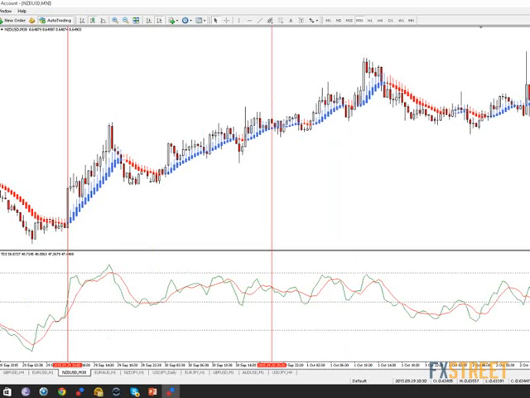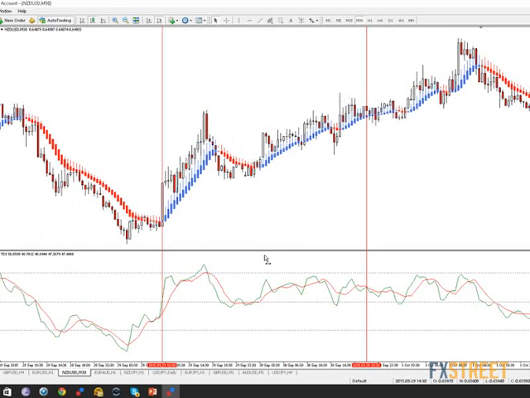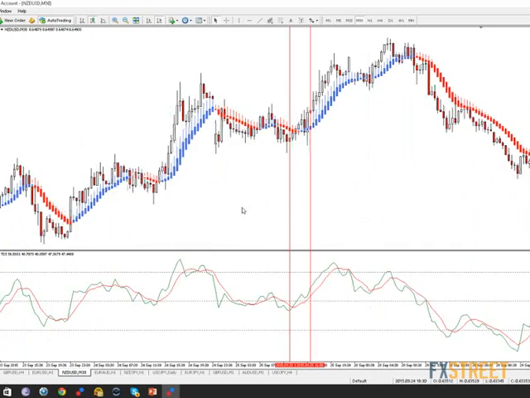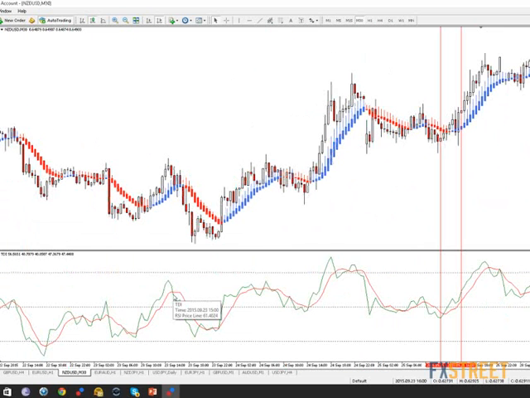If you don't want to be conservative, then you can take some, let's say, signals such as this one, but it's always better to wait.